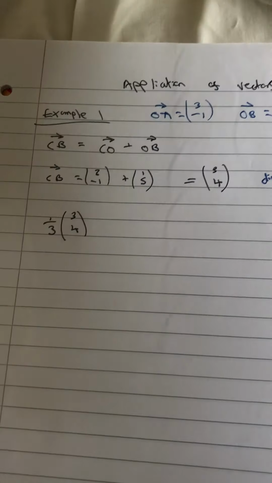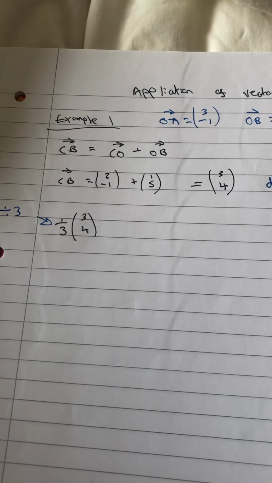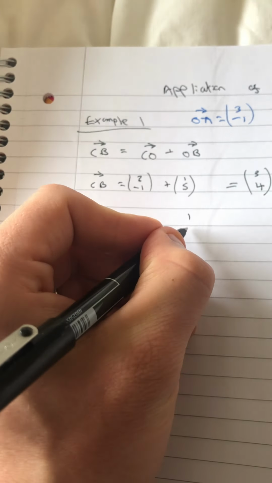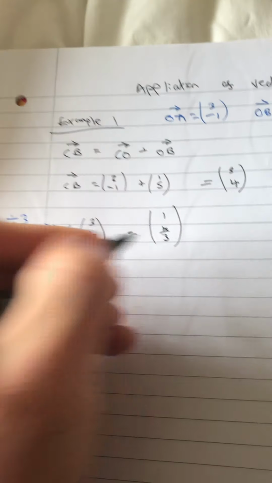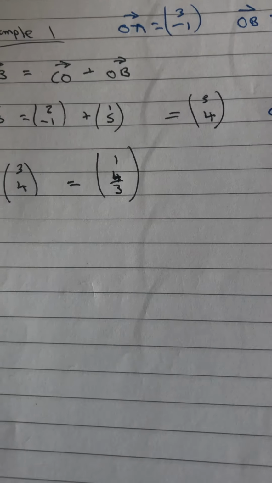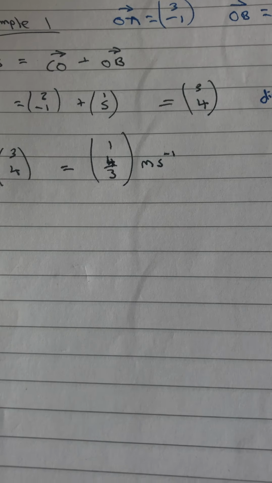Okay, so let's make a note of that there. That's basically dividing by 3. Okay, so that is going to give me 1, and I'll put 4/3 on the bottom. Okay, I quite often go on about significant figures and decimal answers, but I think for 4/3 in this case that's okay. So that's meters per second.